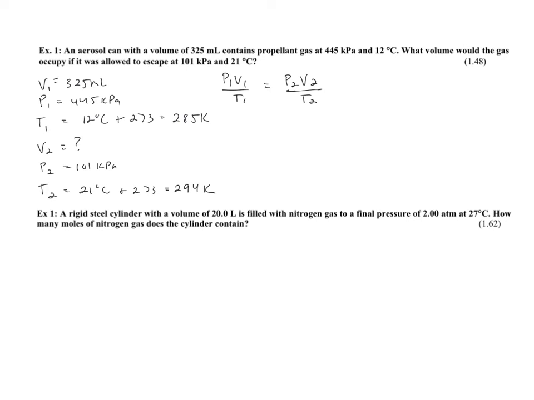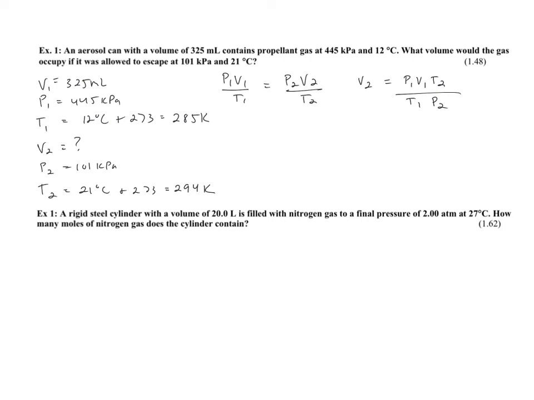So if we're solving for V2, that's going to be P1 V1 times T2 over T1 times P2. Oh, not V2, P2, not V2, sorry. There we go.